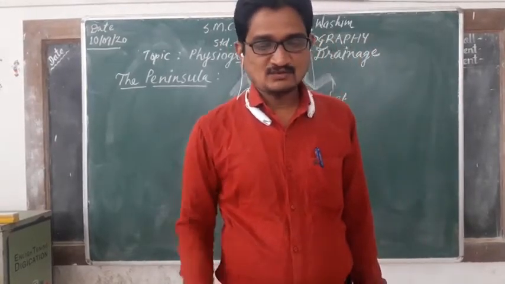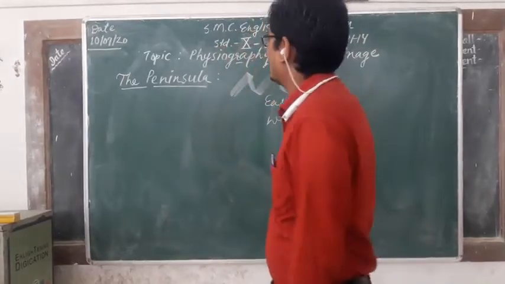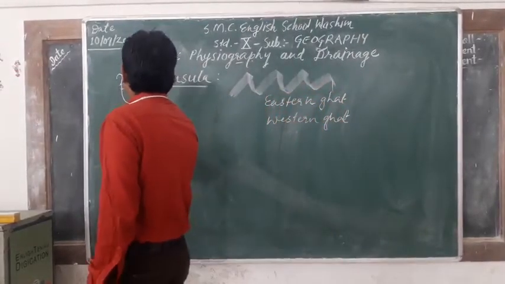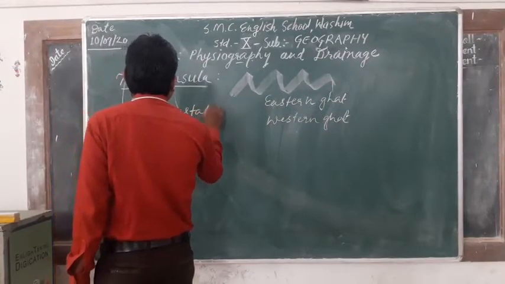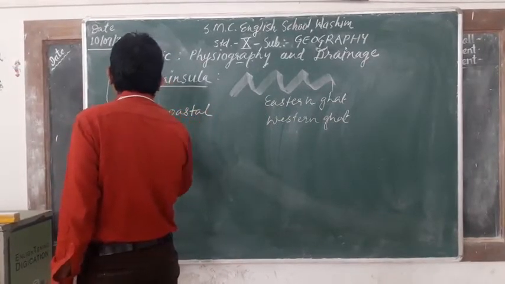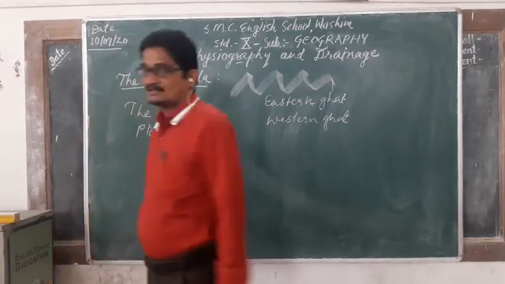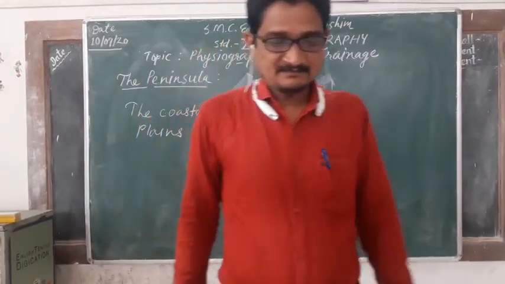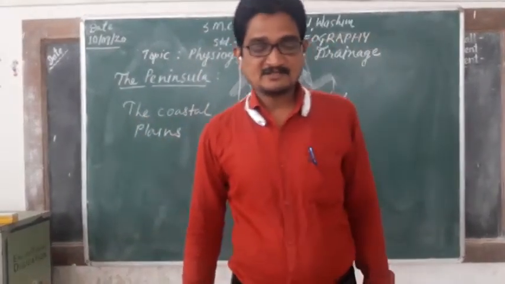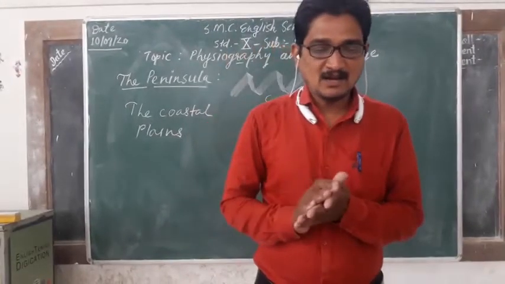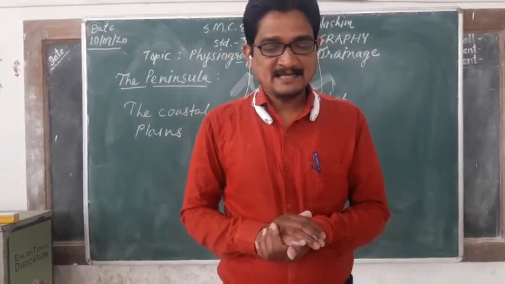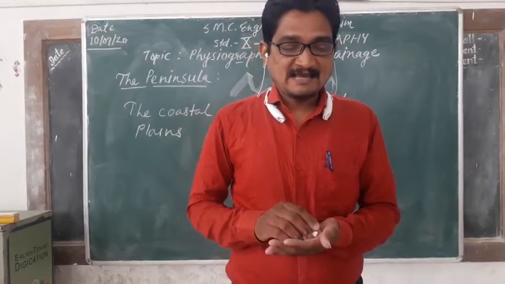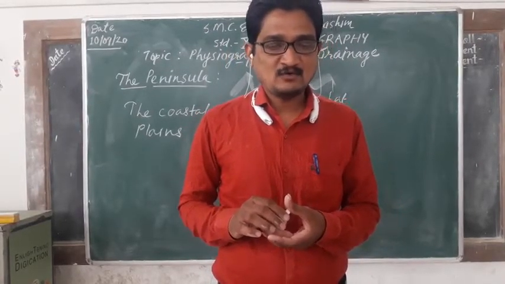Then the third is the coastal plains. See in your textbook, India is blessed with a long coastline extending for approximately 7,500 kilometers.